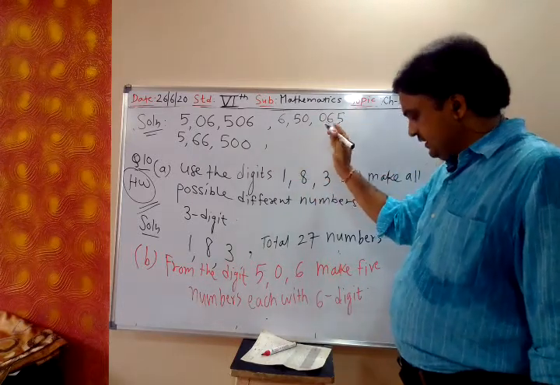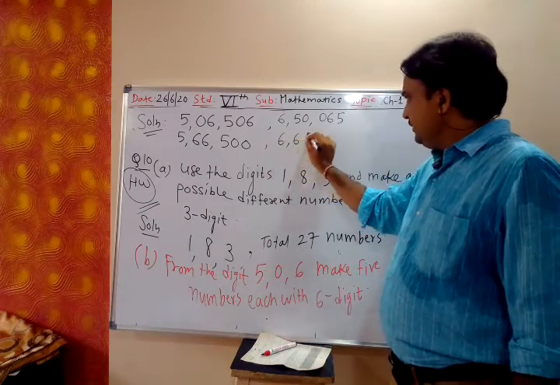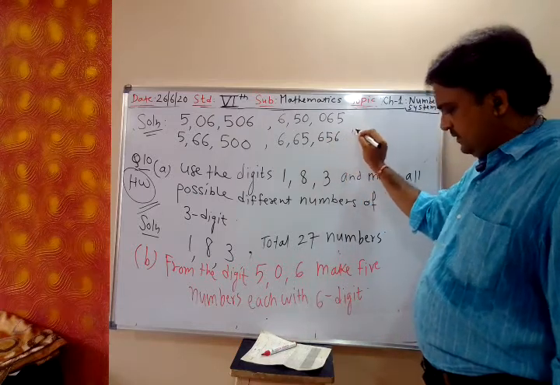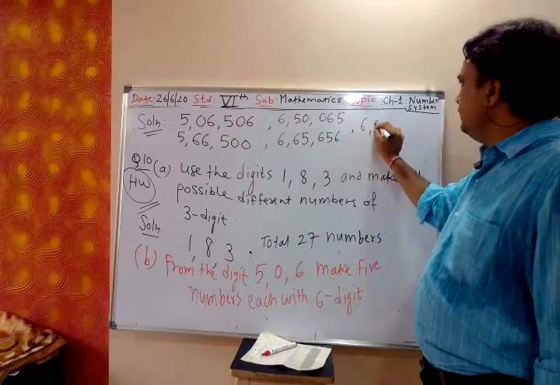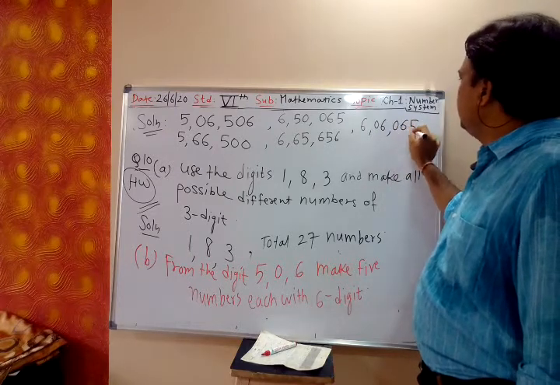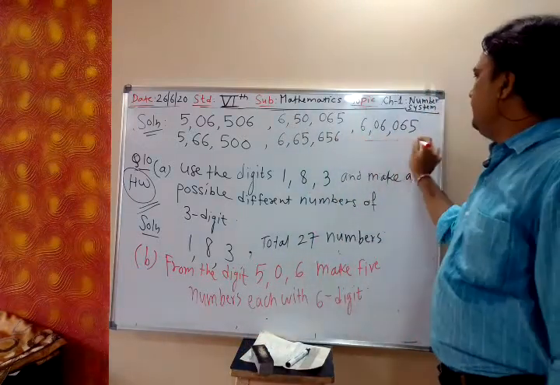You have to repeat the digit. 665, 656, then 606, 065. These are 5 numbers.